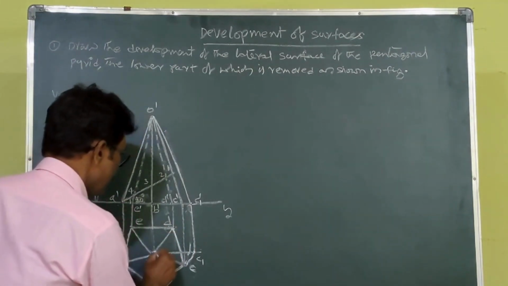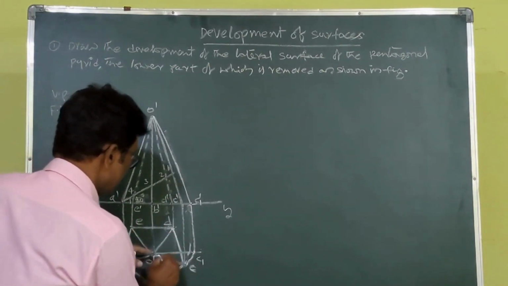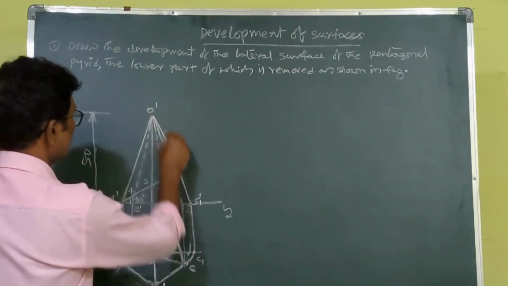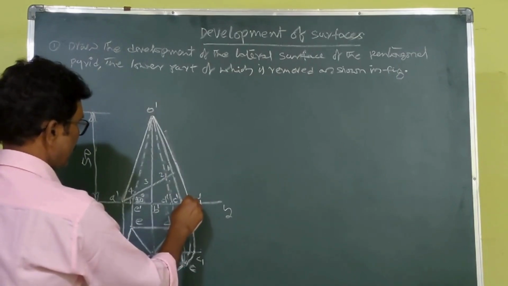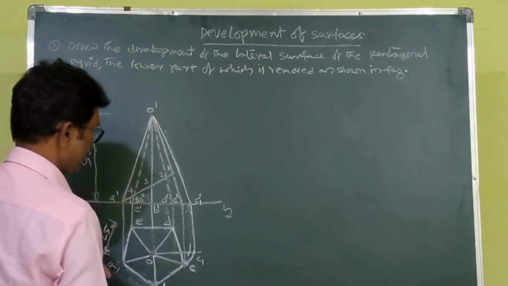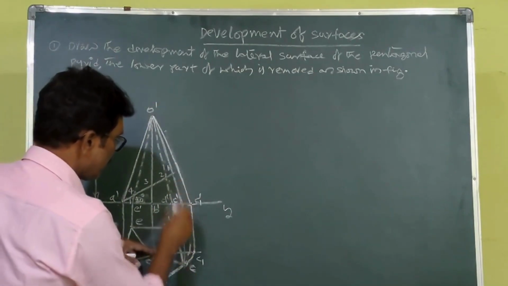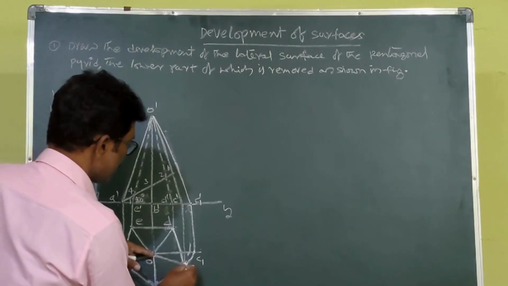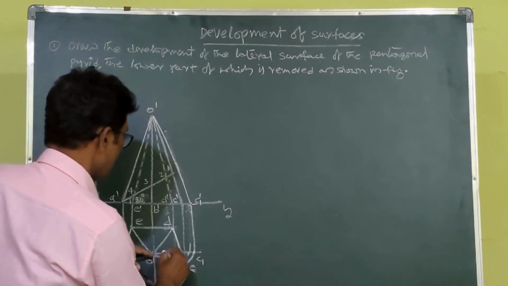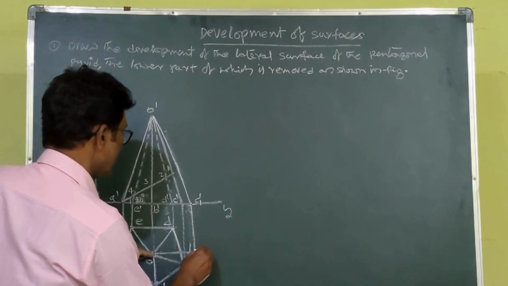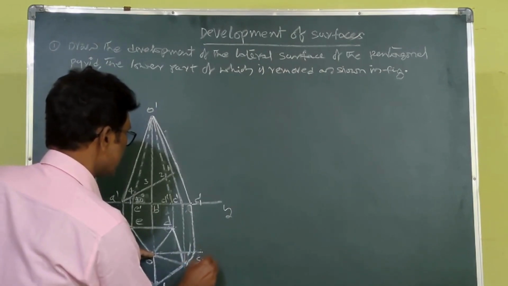So if you want to get the true length, since no edge is parallel to VP, we don't get the true length. Therefore, you rotate this OC like this until it cuts this horizontal line. There we can stop. You can make a point, let's say C1.